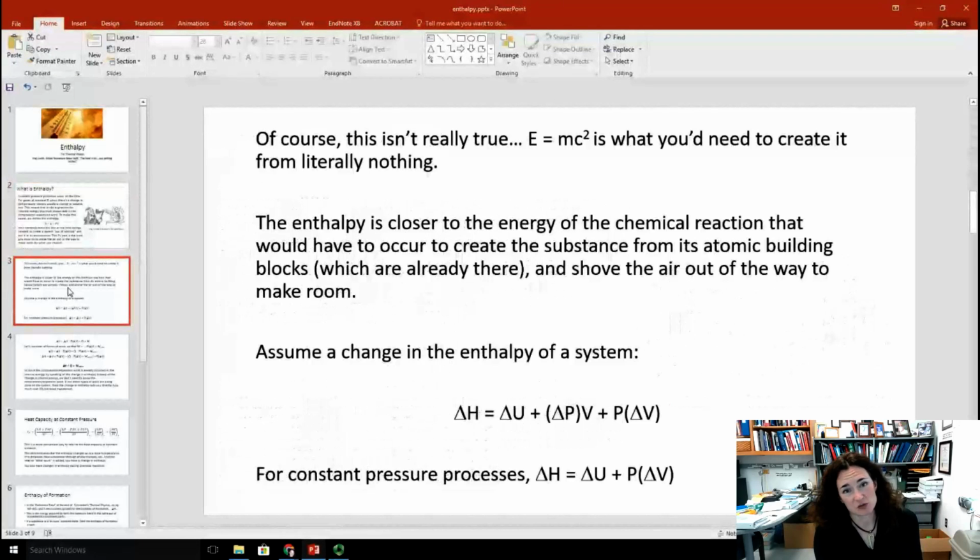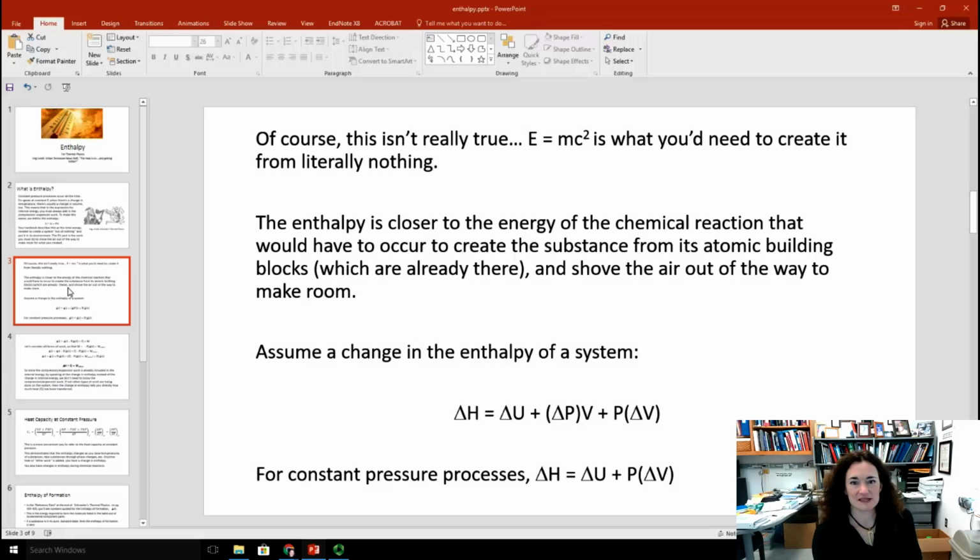Of course, I also teach modern physics, so I have a disclaimer here, that's not really true. If you really wanted to create something out of nothing, then you'd have to have E is equal to mc squared, where you convert the mass directly from some amount of energy, and that would be literally nothing, no mass.